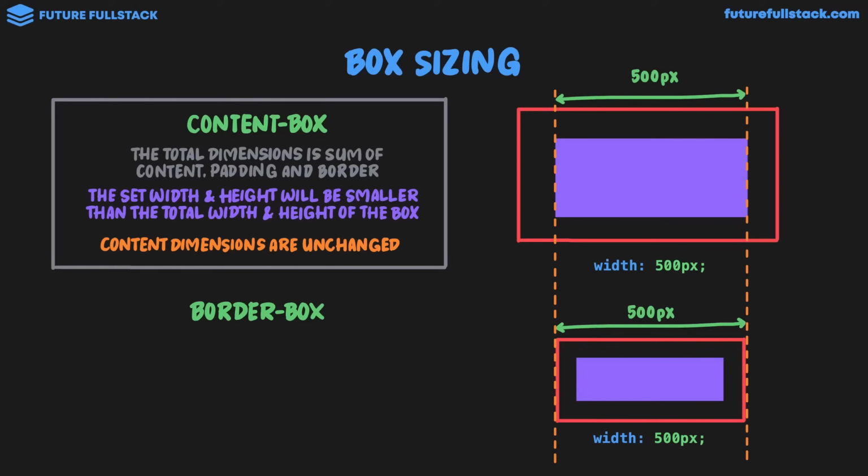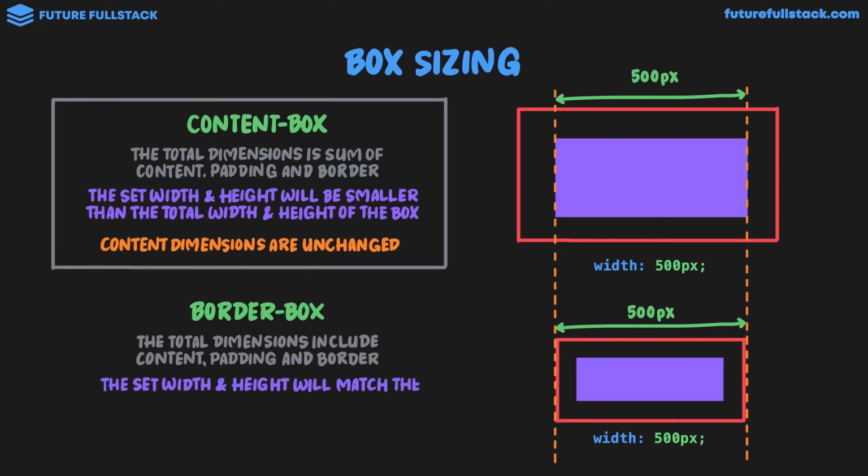So in border-box, the total dimensions include content, padding, and border. For border-box, the set width and height will match the total width and height of the box. Because the width includes content, padding, and border, it straight away is the total. So setting a width of 500 pixels in CSS will immediately give you the total width, which is very different to content-box, where the total is calculated as the sum of the content, padding, and border.